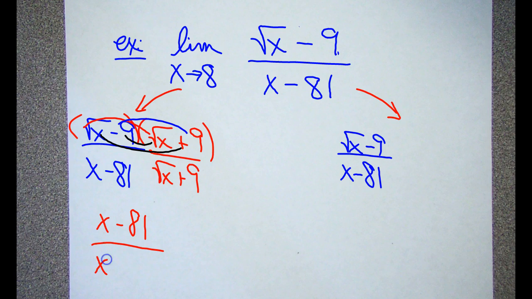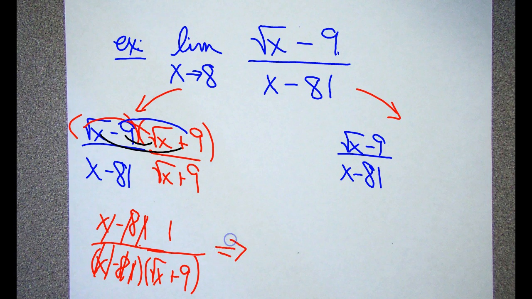On the bottom, I've got x minus 81 times this new thing. The x minus 81's go away. I've got 1 over this, and if I plug in, I end up with 1 over the square root of 81 plus 9. And you would leave it, yeah.